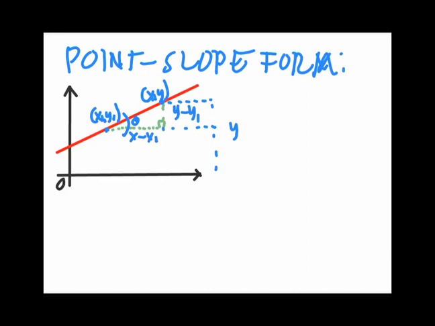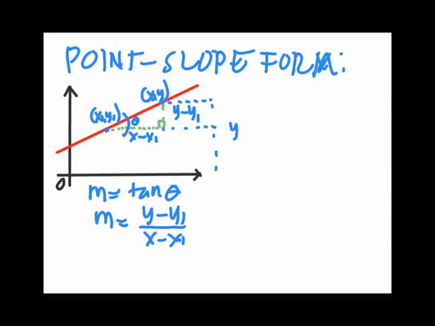Again, with reference to this right triangle, we can recall that the slope, which is equal to tangent theta, is of course equal to the opposite side y minus y1 over the adjacent side x minus x1.